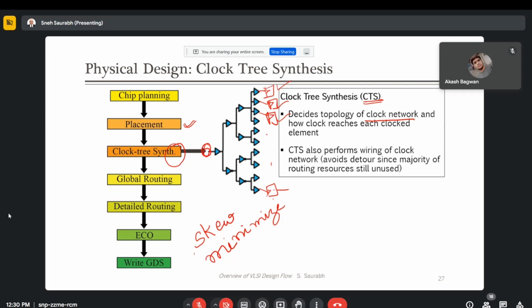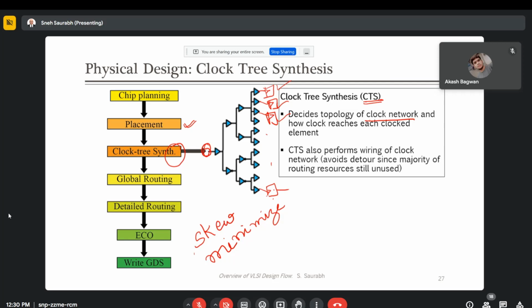We have a separate clock tree synthesis step from the other routing because the clock is a very critical element in our synchronous design, right? Clock is basically orchestrating all the things in our design, like a director of a musical symphony.